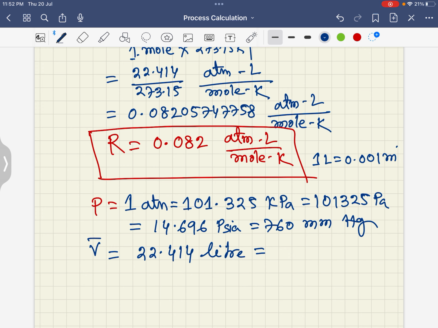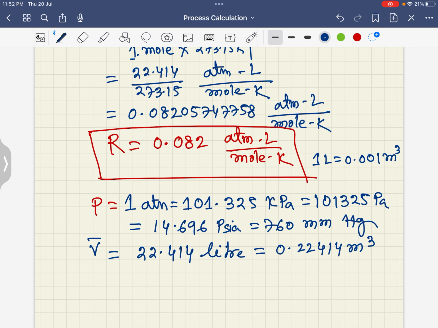So now if we do that, so what we will get? We'll get 22.414 into 0.001. So that will give 0.22414 meter cube.